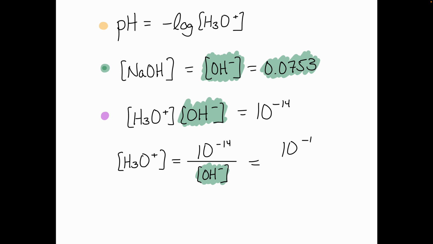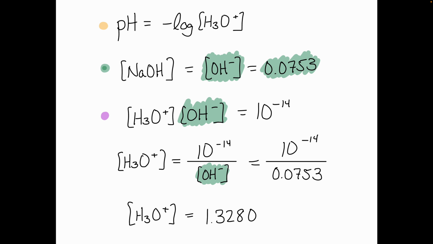I get 10 to the negative 14 over 0.0753, which gives me a concentration of hydronium equal to 1.328 times 10 to the negative 13. That's a concentration, so I'm going to give it units of molarity. I'm also going to note that this number would have 3 significant figures.